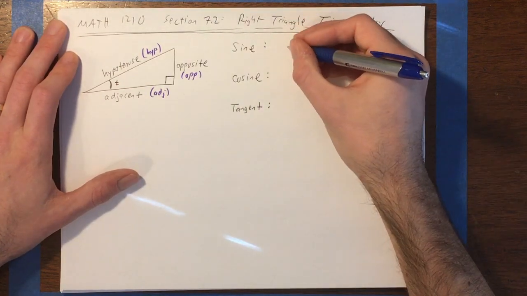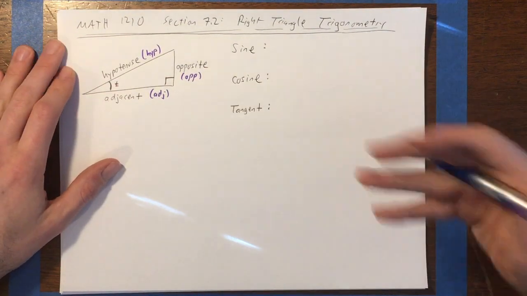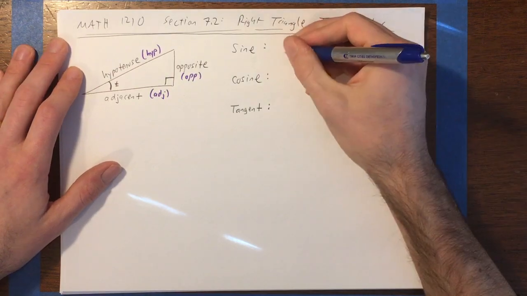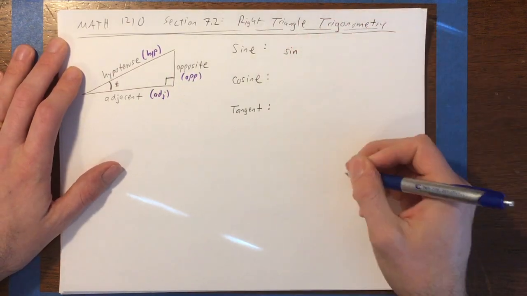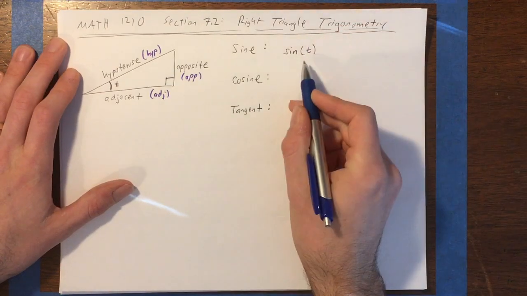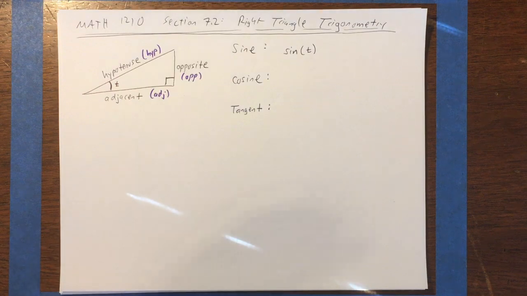So sine, and I should state, these are all functions, all right? So in the same way that you write f of x or ln of x, when I write sin, which abbreviates sine, and then parentheses t, the parentheses here mean this is the input for the function, okay? It's just like any other function where it's the input.